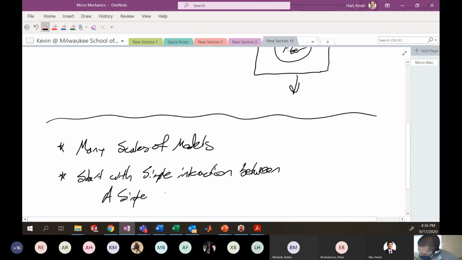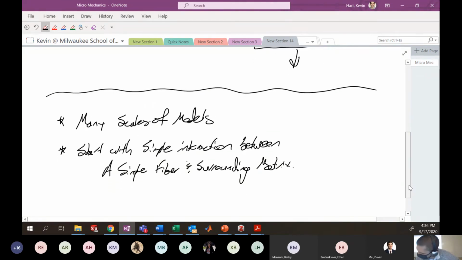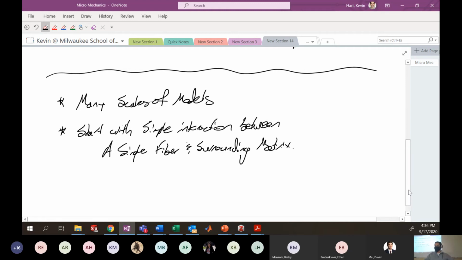Putting into words what I already said. So these are known as micromechanical models.